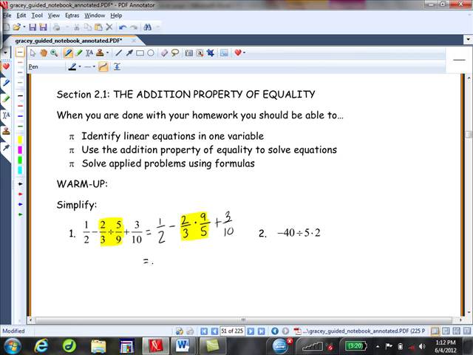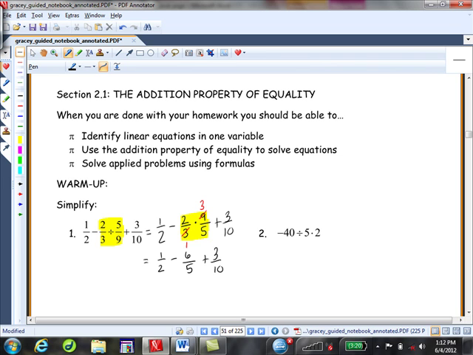And then next up, we will have 1/2 minus, so we can divide out a 3 from each of these, and at the end of the day, we will get minus 2 times 3 is 6, and 1 times 5 is 5, and then plus 3/10.